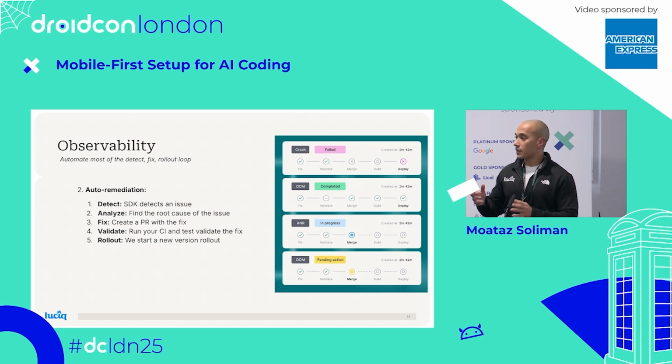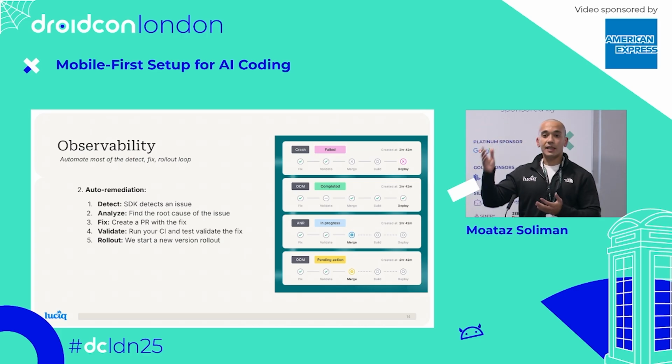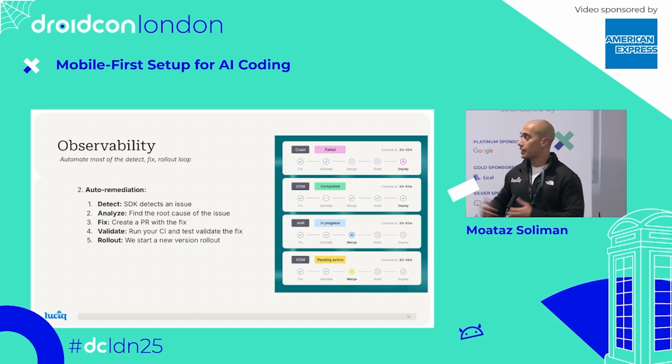The way that this works is parts of it is probabilistic using AI, but we also made sure that we have guardrails around the probabilistic part of it that are very deterministic. So for example, whenever we detect an issue, we analyze it and we generate a fix that we think should be fixing that crash, but then we have to run it through your CI.